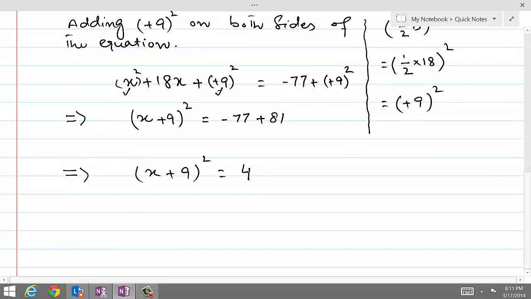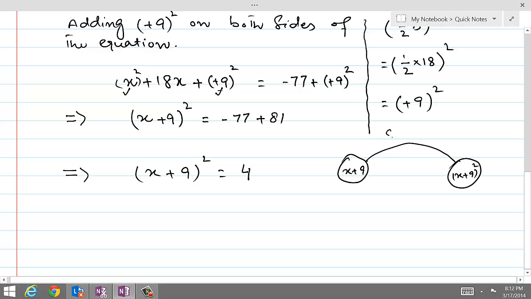Now 4 is the complete square of x plus 9. If we do an operation of square on x plus 9, we change it into x plus 9 whole square.